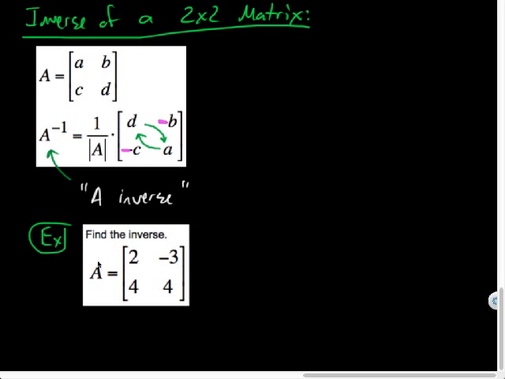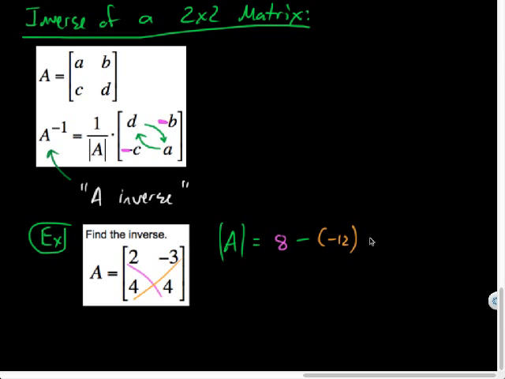If I want to find the inverse of this, the first thing I need to find is the determinant of this matrix. How do I find the determinant? By multiplying the diagonals. 2 times 4 is 8, minus the product of the secondary diagonal. 4 times -3 is -12.